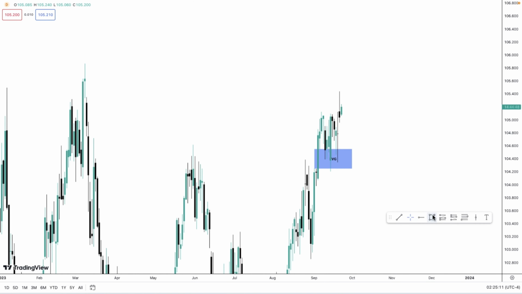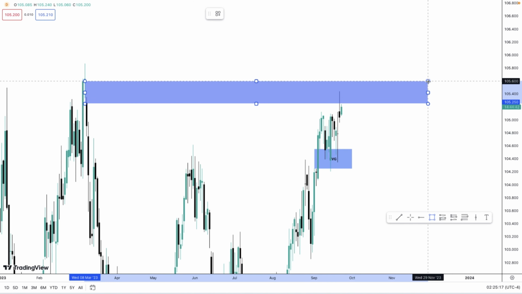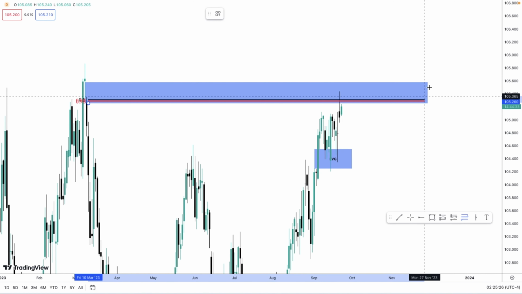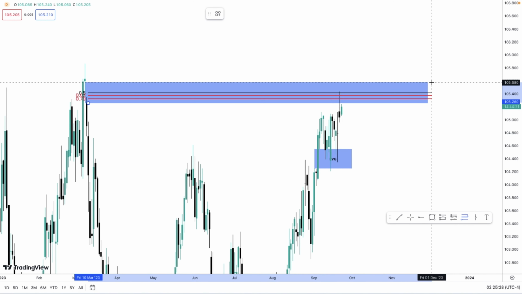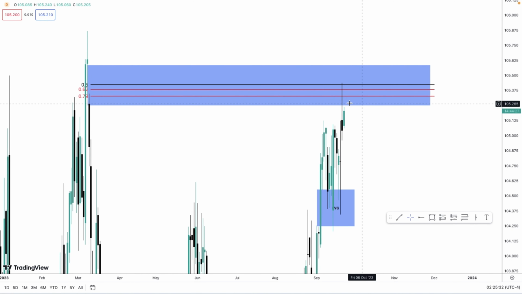Price is trading towards this volume imbalance here. It's a gap in price. So as you can see, we entered the volume imbalance. We got a reaction on the consequent encroachment of the volume imbalance.